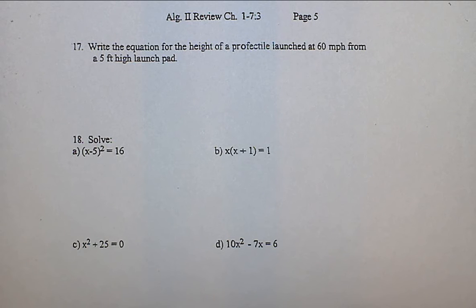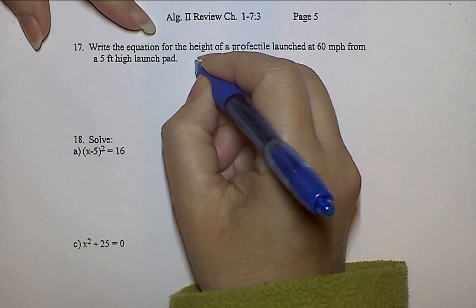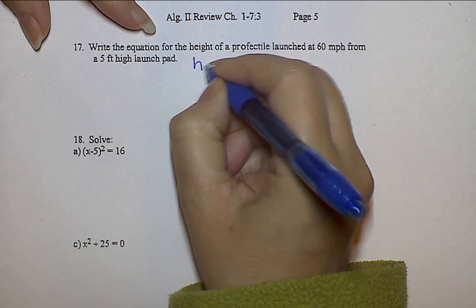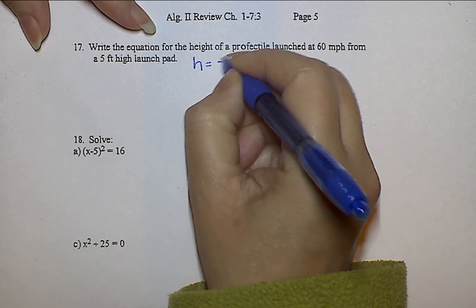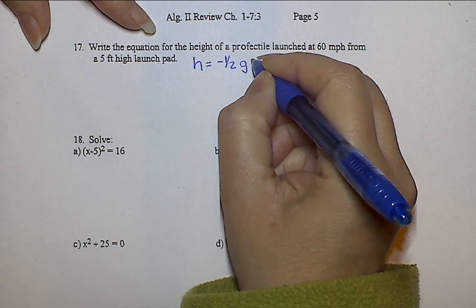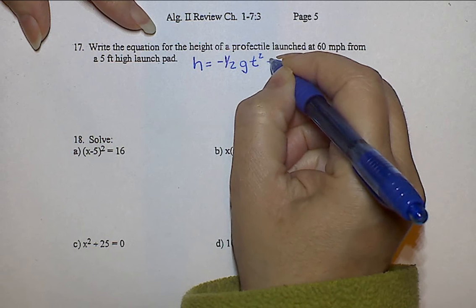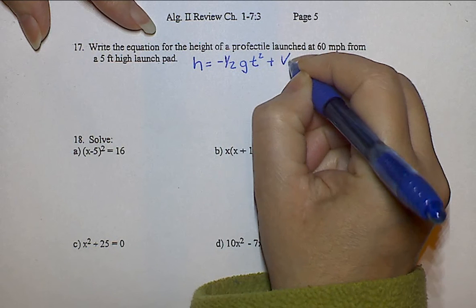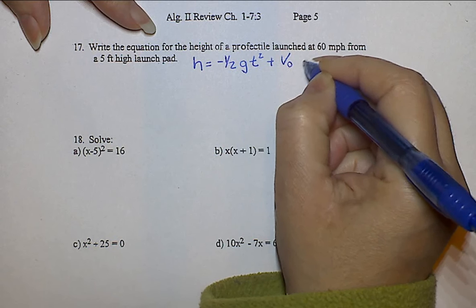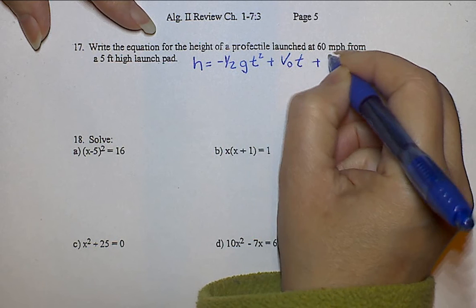Alright, so the first thing that we have to know is, remember your equation is h is equal to negative 1/2 g, which is your gravitational, t squared, which is your time, plus your v sub 0, which is your initial velocity, times time, plus h sub 0.